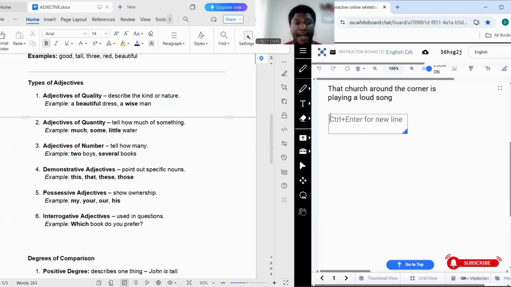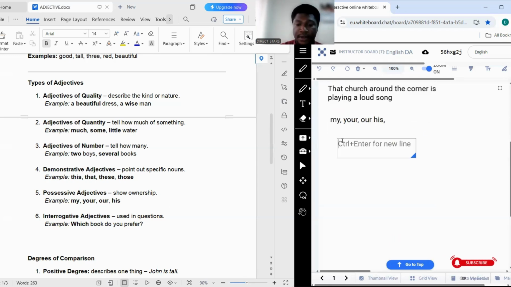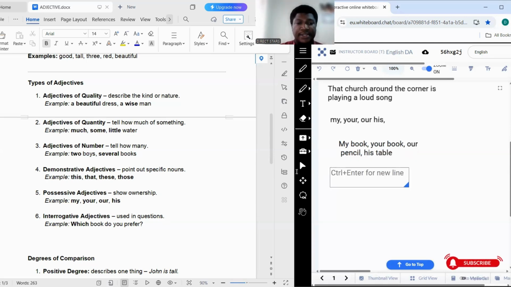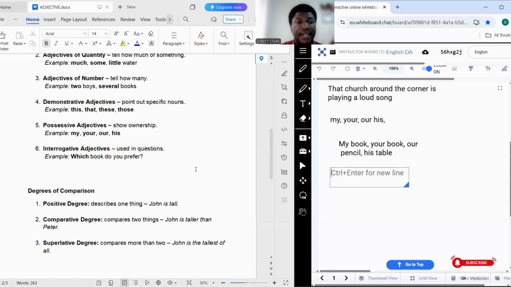We have my, your, our, his. If we say my book, your book, our pencil, his table, it shows possession. And then we also have interrogative adjectives, which are used to ask questions. For example, which book do you prefer? What table would you like to sit on? Those are all types of adjectives.